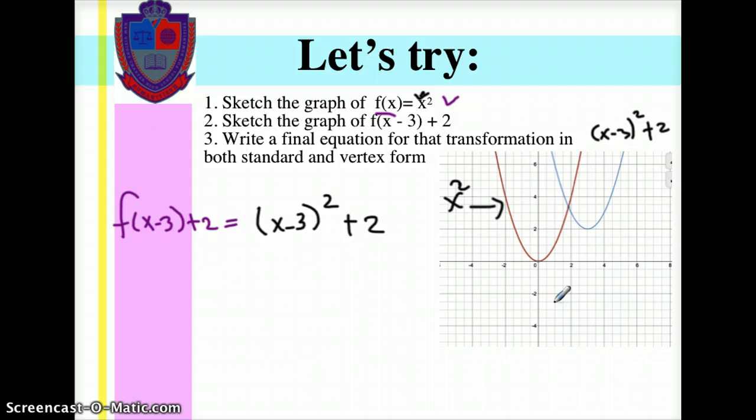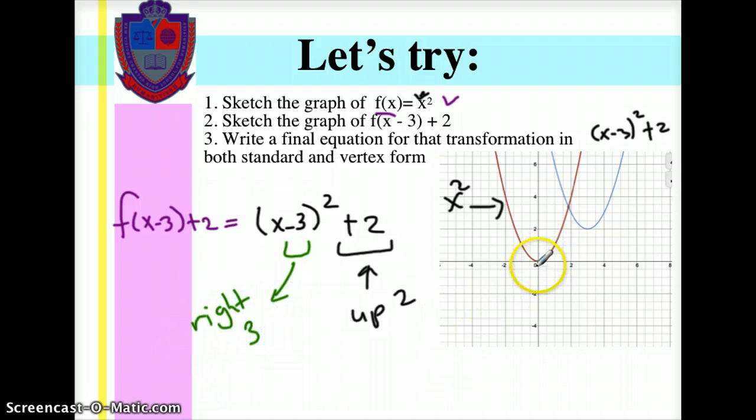We're going to simplify to standard form, but you've got to be careful. Look at what this is asking me. Plus 2 means that the graph went 2 units up. Up 2. And then we have minus 3. Minus 3 says that the graph went right 3.